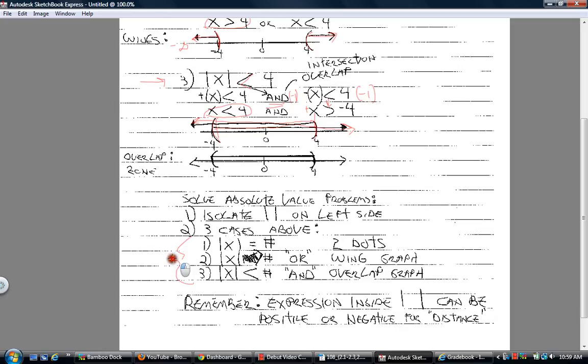Okay, so try to burn that in your head, maybe a little memorization there that helps make things just a little easier. Just remember, if you've got greater than, it's the or. You have to combine both solutions. When you have less than, you're gonna have the and it's the overlap. Okay, so one last final. Remember, I have down here note expressions inside the absolute value chamber can be a positive or a negative.